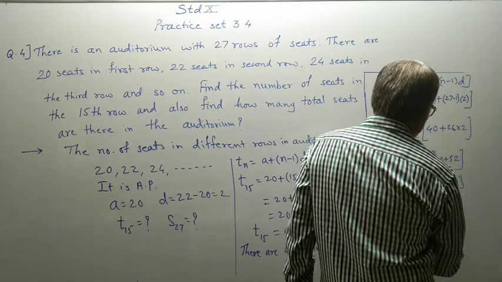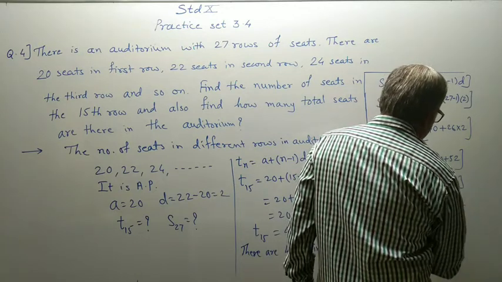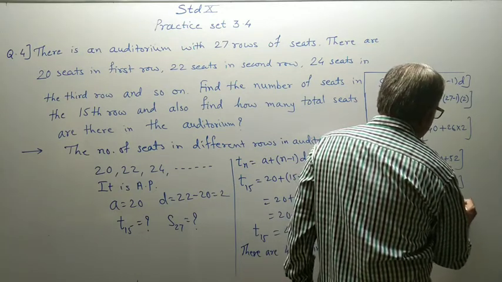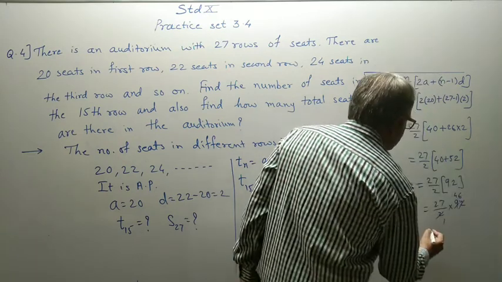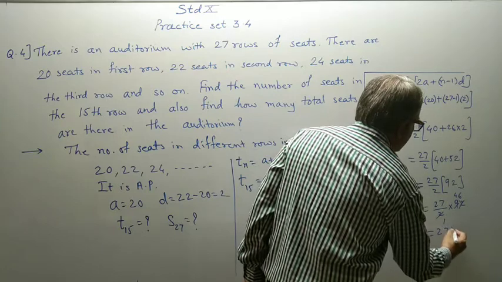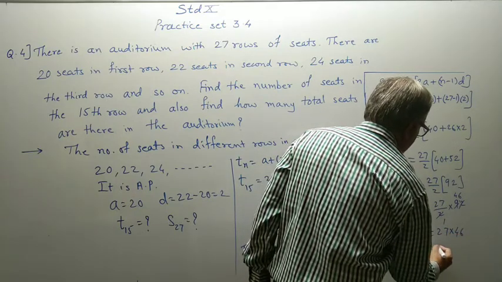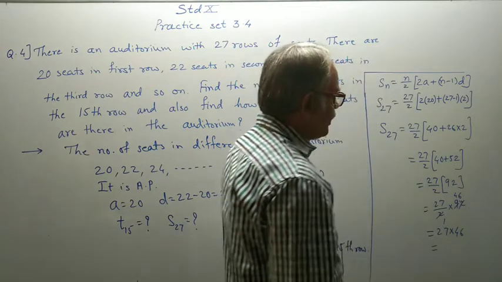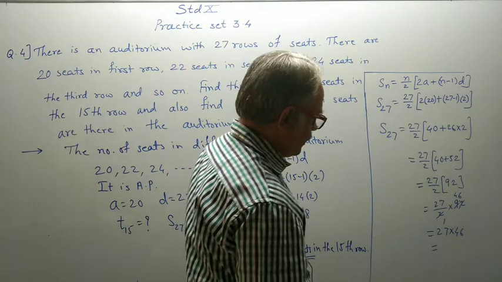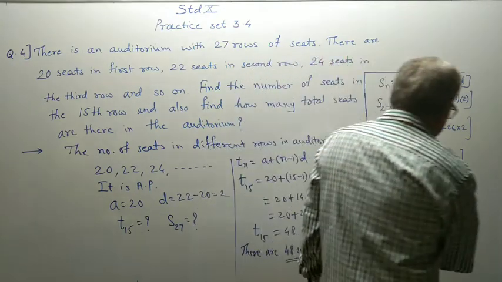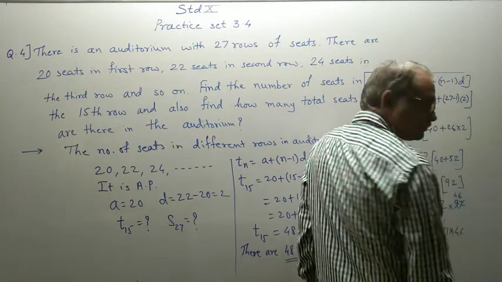Now 2 and 92 can be cancelled. 46. So S27 is 27 into 46. 27 into 46. 27 6s is 162.